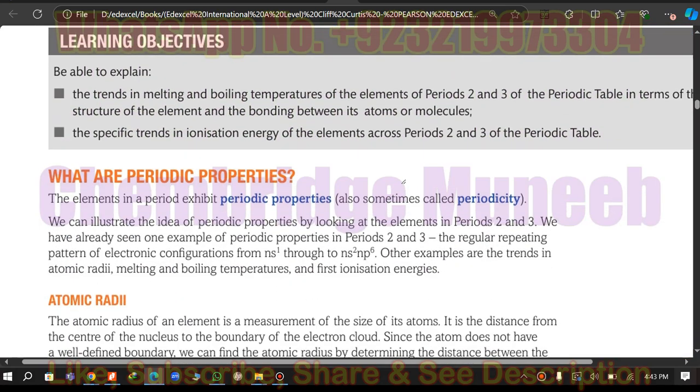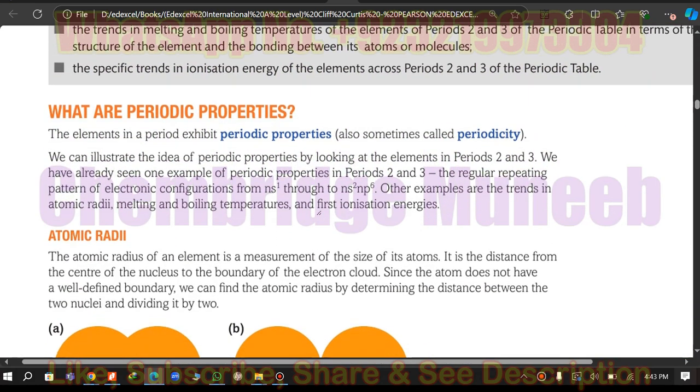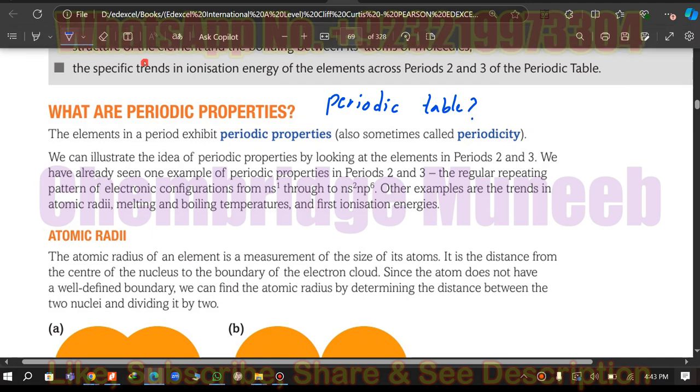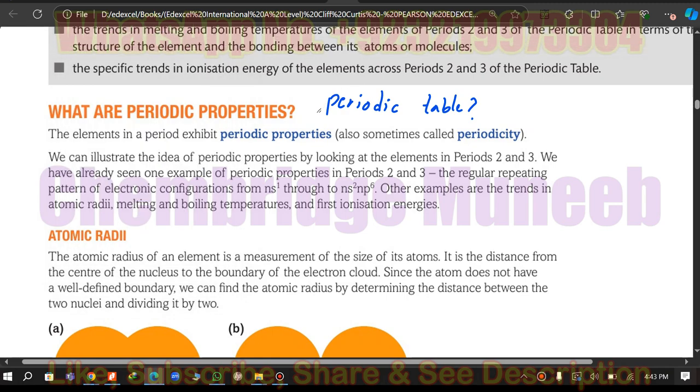Periodic properties. What kind of properties exist in the elements in the periodic table? Why do we call it a periodic table, by the way? Do you know that? Periodic comes from the word periodicity.